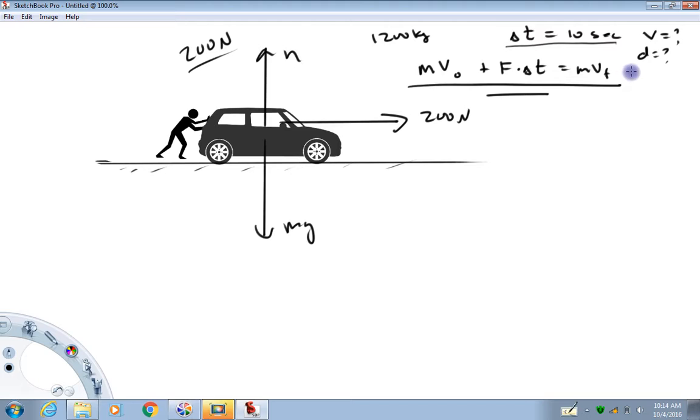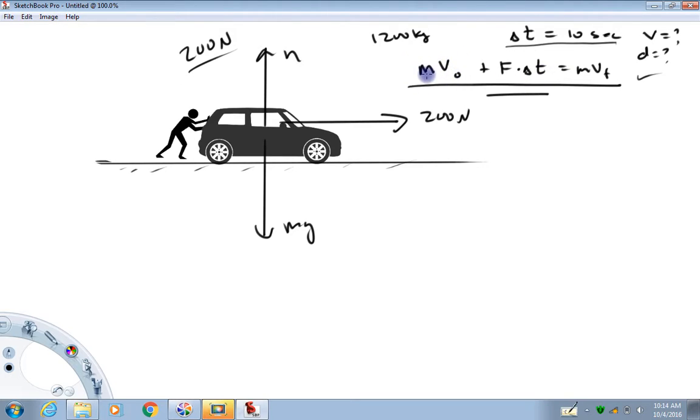Now I'm going to apply this impulse momentum relationship, which basically says the initial momentum of the system plus the impulse equals the new momentum. Now, for the F delta t here, these two forces add to 0, so this is the net force acting on the car. So for this F, I'm going to use 200 newtons. The 10 seconds is going to go here.